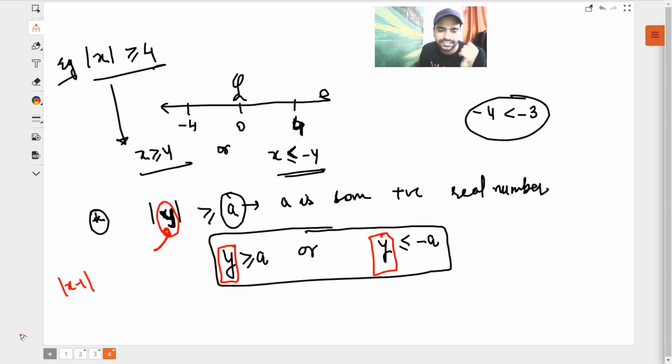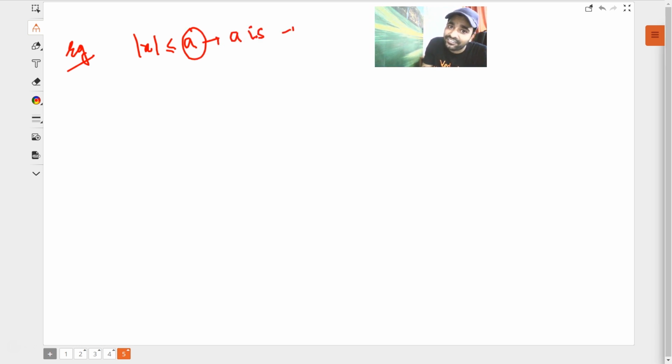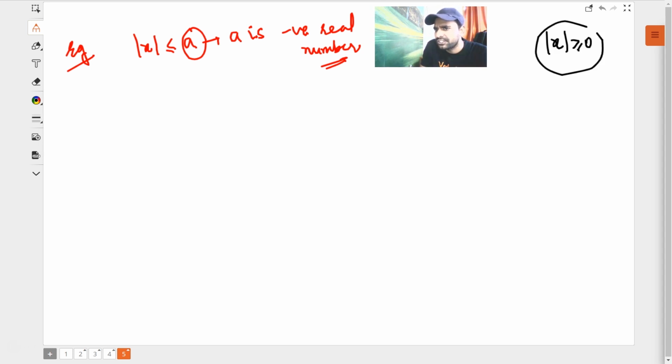Superb, guys. All right, let me take you to another property of modulus. If something like this is given to me, mod of x is lesser than or equal to a, and this a is a negative real number. I know one thing which I told you in the very beginning of the discussion of the modulus, that the output of a modulus function is always greater than or equal to 0.